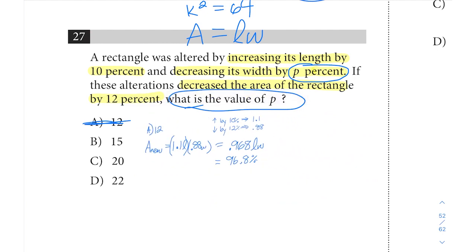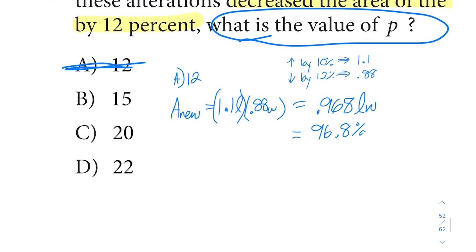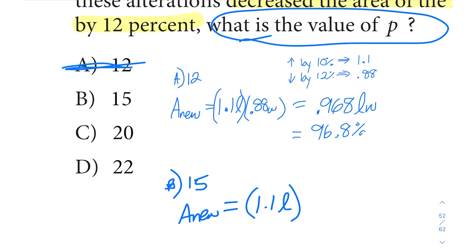But let's use this structure and then test out our other answer choices with those same calculations, but with a different value. So for answer choice B, we're going to do 15. So our new area here would be the same 1.1 times the length, because that's not changing for any question.